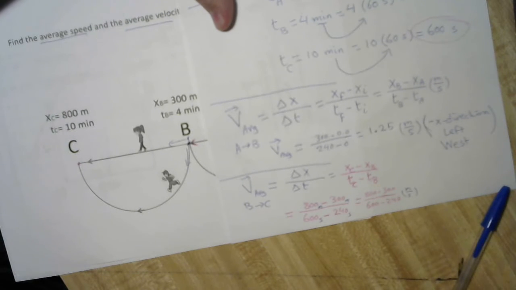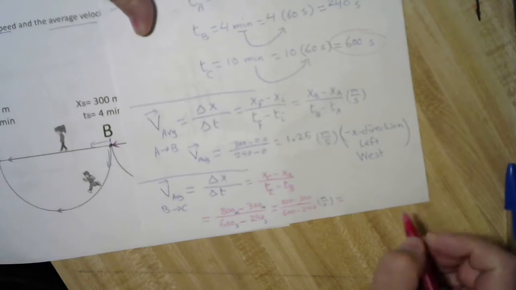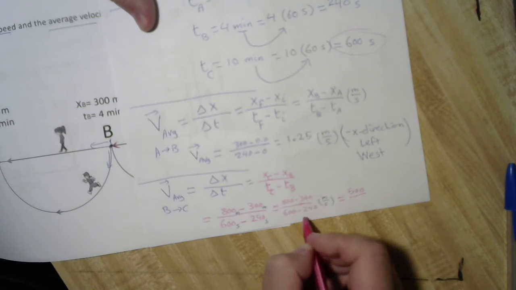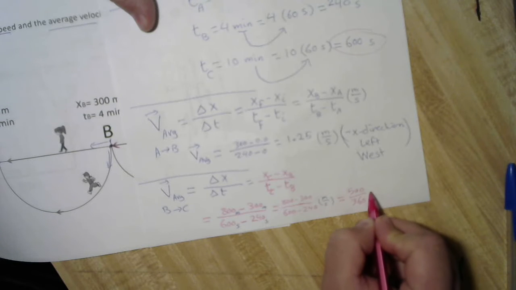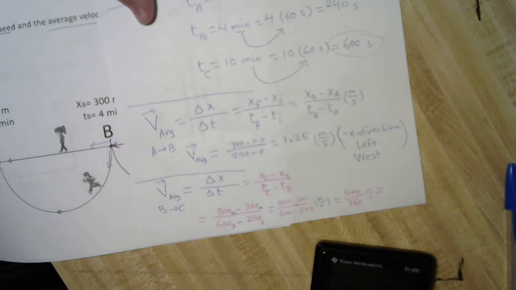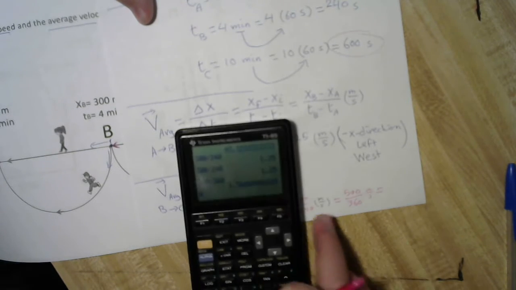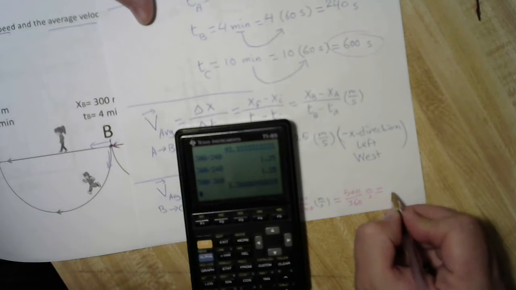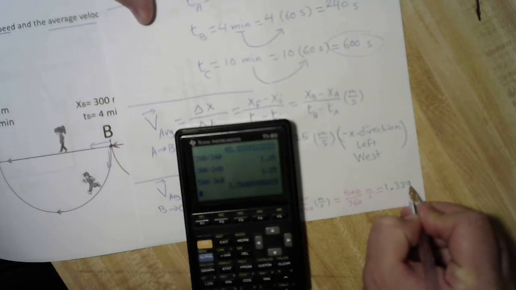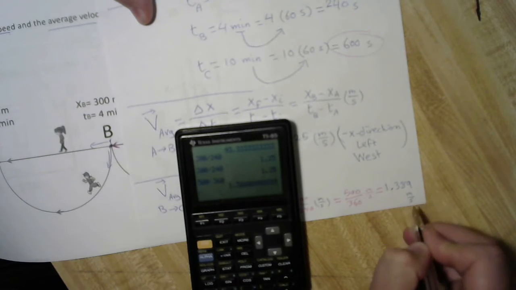The final value will be equal to, it will be easy, 500 over 360 meters per second, which is equal to 1.389 meters per second.